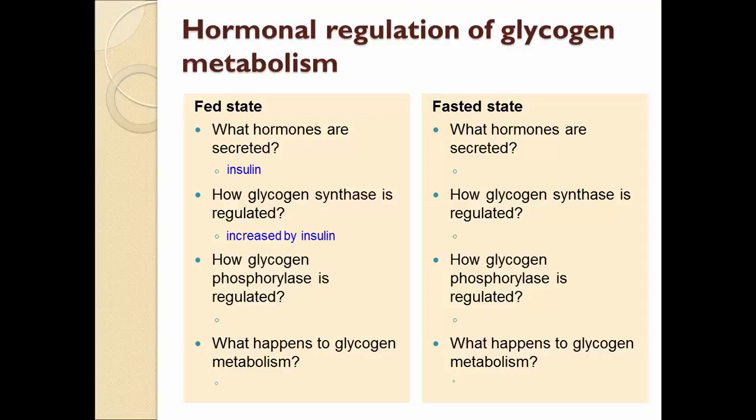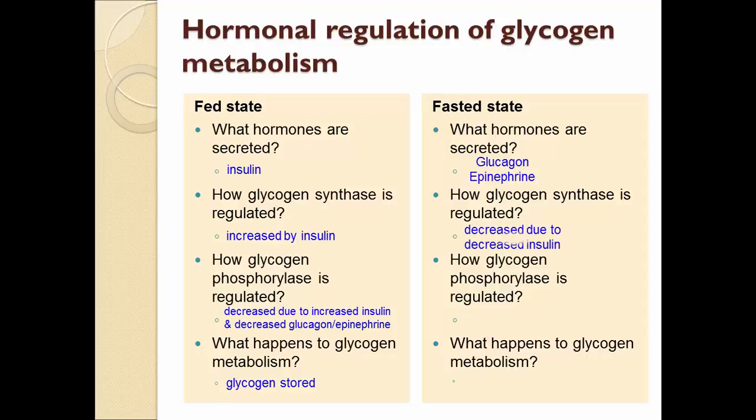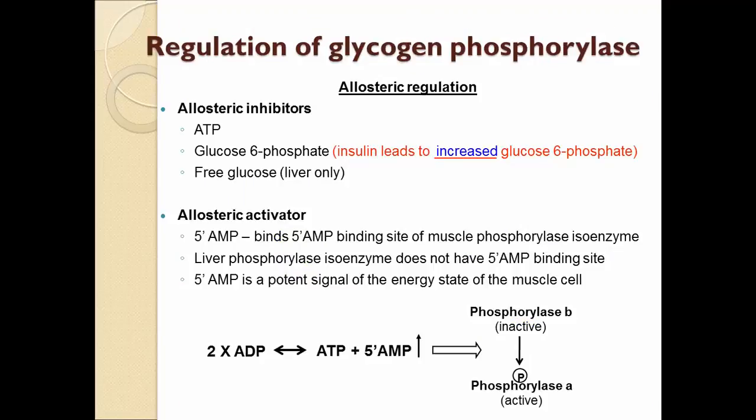So glycogen synthesis should be increased, and glycogen phosphorylase should be decreased, and this should promote glycogen storage. In the fasting condition, glucagon and epinephrine levels increase, which reduces glycogen synthesis and stimulates glycogen phosphorylase, and glycogen degradation. And the other regulating mechanism is called allosteric regulation.